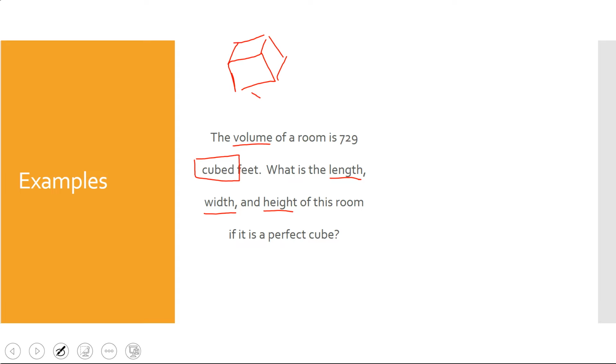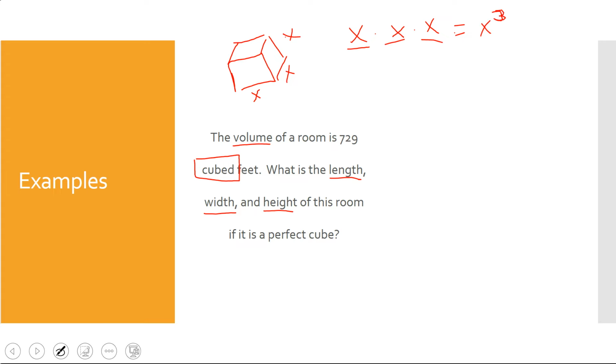We know that the length is going to be the same as the width, and since we don't know it right now, we'll just use a variable. And we also know the height would be the same. And to find volume, you're doing x times x times x, because that's the length times the width times the height. And how many x's are there? Well, that is x to the third.